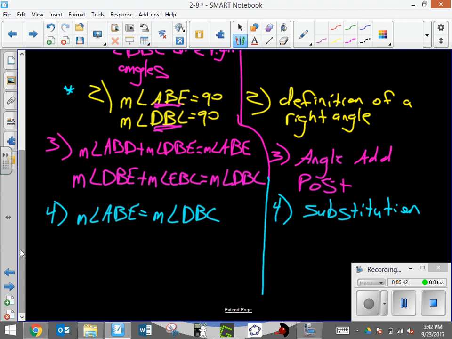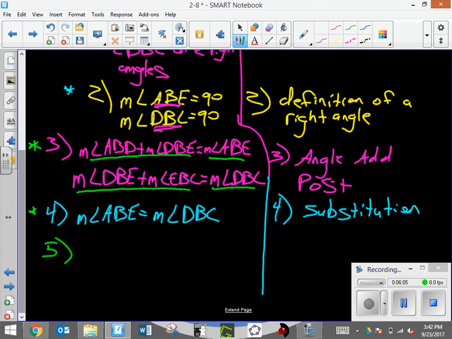Now that I have those two things equal to each other, I want to use statement 3 and statement 4 for statement number 5. I know that this angle equals this one, so we know that this side equals this side.